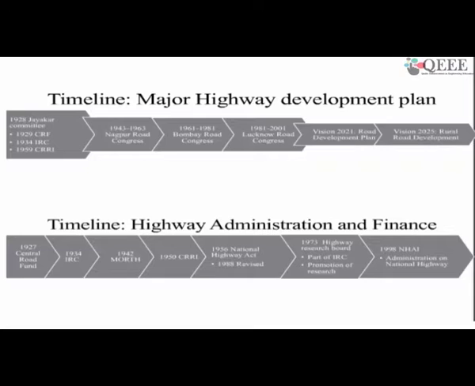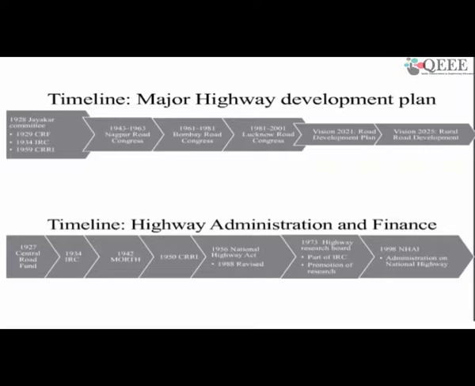This is why they started the Central Road Fund in 1927, which was actually suggested by the Jayakar committee. Once it started, we formalized how the money is going to come in, how it is going to be used, and how it is going to be taken forward.